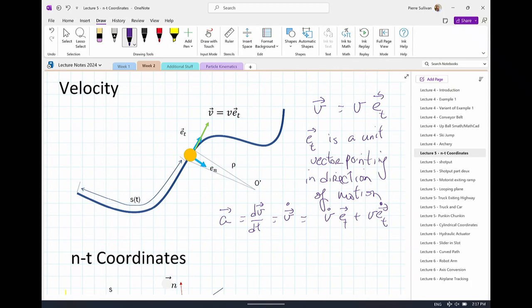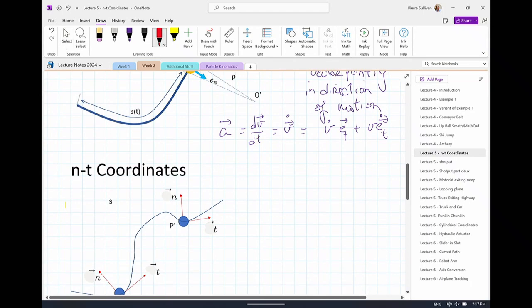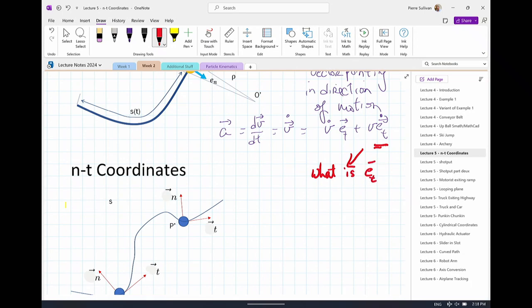So E sub t is going to have a direction change, and when I do a time derivative, it's not 0. So what I want to do is find the time rate of change of that unit vector E sub t.